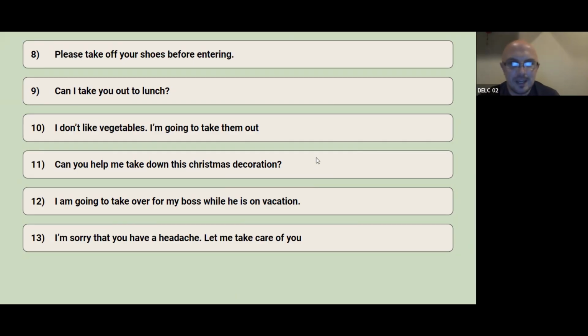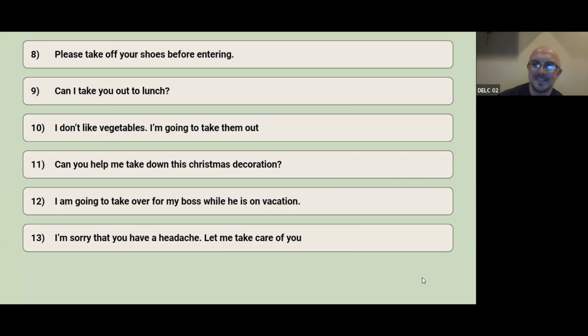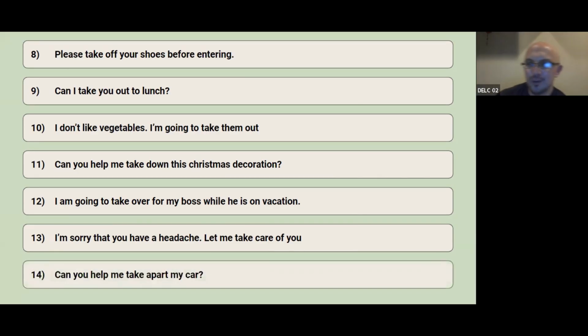But the spelling looks like vegetables. I think we kind of cut the E out when we speak. Like comfortable. Yeah, very good, you're right. Exactly. Comfortable looks like comfortable, but we just cut out the extra letter. Very good.